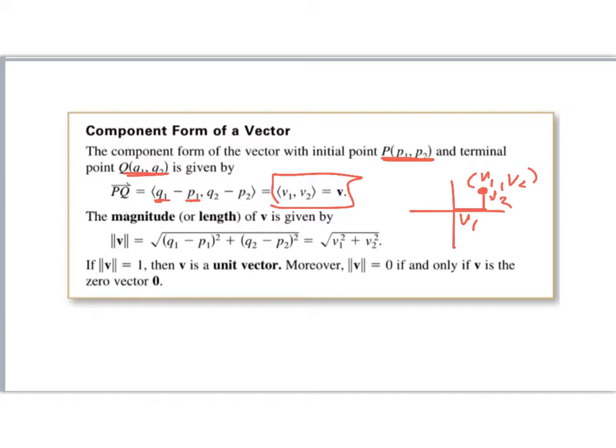That's v2. So the magnitude is v1 squared plus v2 squared, under a square root. It's just the Pythagorean theorem. Since it's a distance, it's always positive. And if your magnitude is 1, that means you have a unit vector.